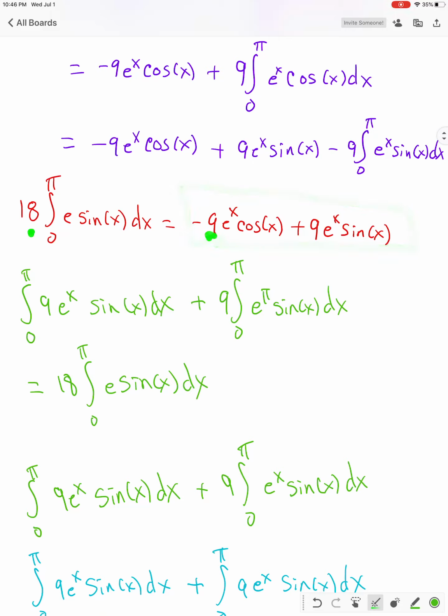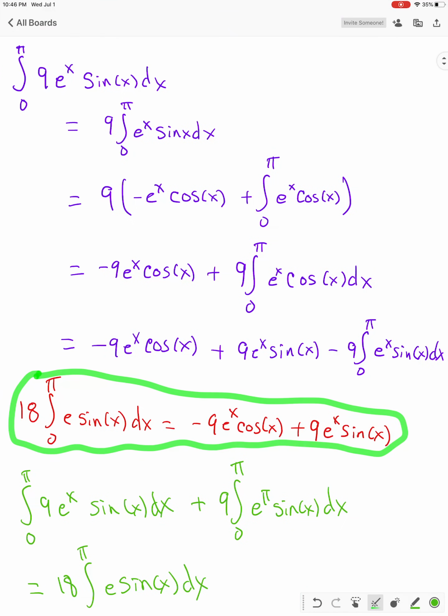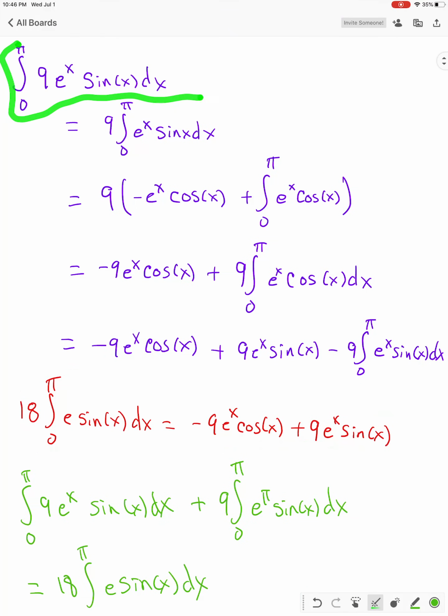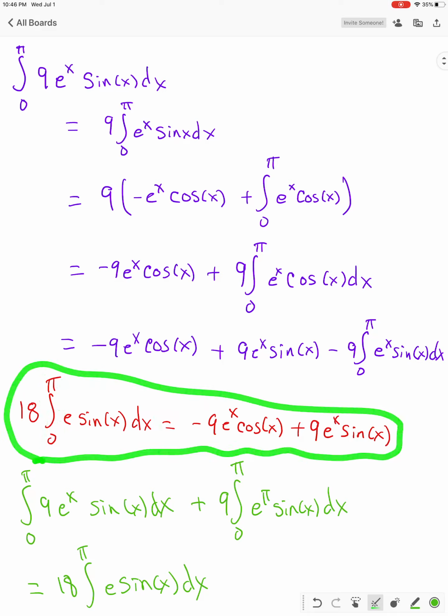And with that 18 there, this would not be a true statement. So let me be clear about that. This algebra that's here is correct. But in order to solve the problem that we are being asked to do, we have to convert to make things look with the 9 here. And this with the 9 is what we needed. This algebra is correct, but it doesn't answer the question that we're being asked.